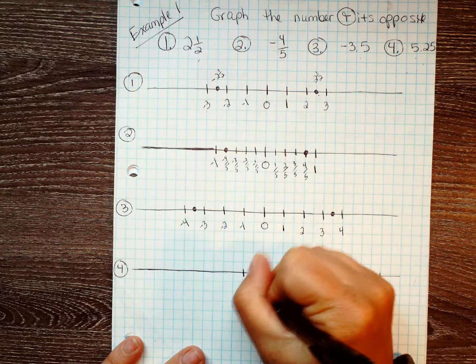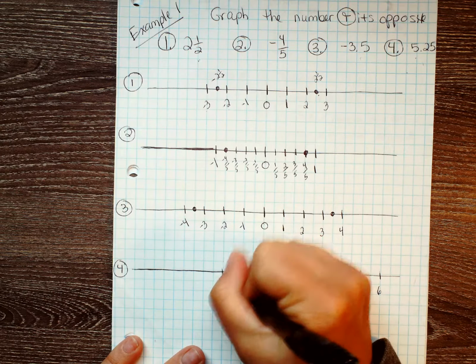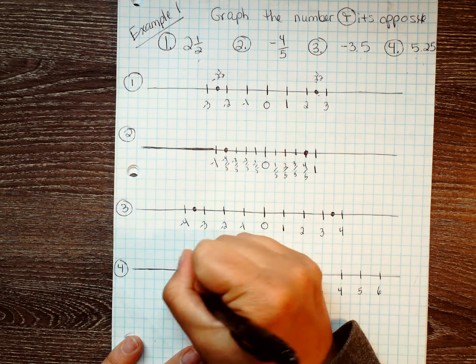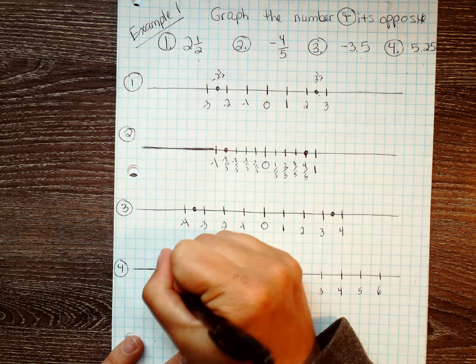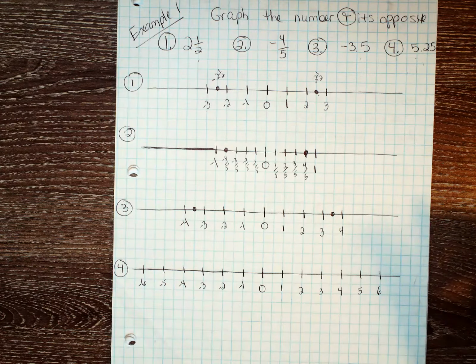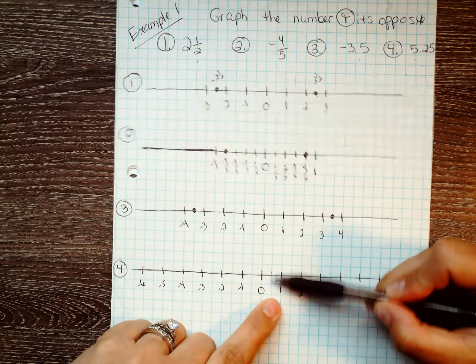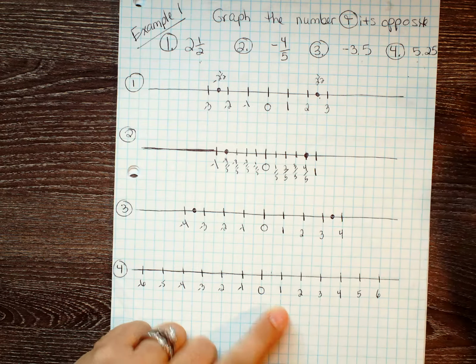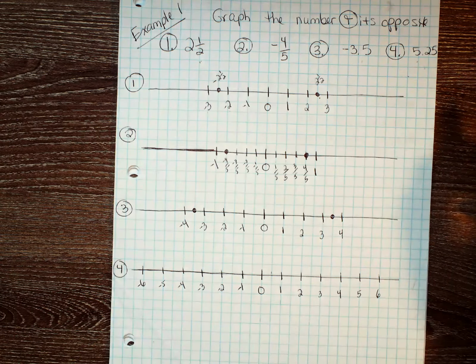And then you do that on the opposite side, going by halves. 3, 4, 5, 6. If you notice, if this is a half, then if you go directly in between the 0 and the half, that's your quarter. That's your 25/100ths. This is your 75/100ths. So you're able to still go in between it.